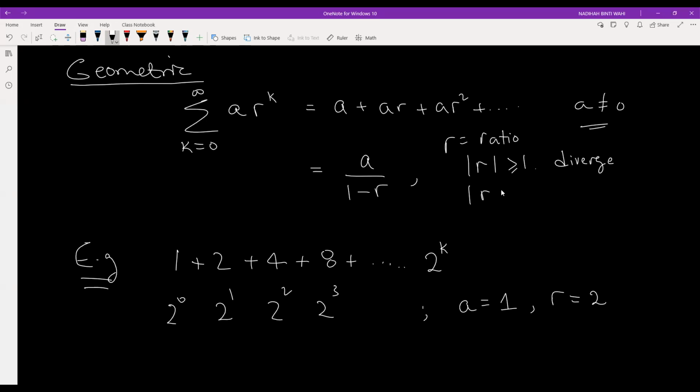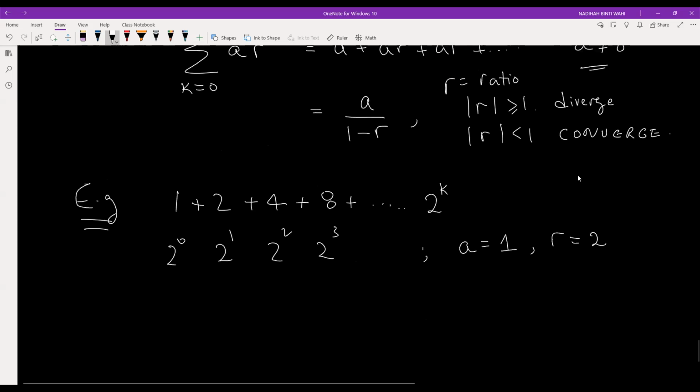If the magnitude of r is less than 1, this will converge.